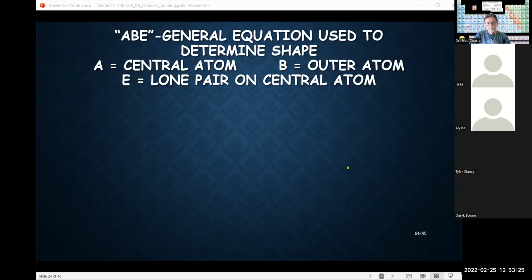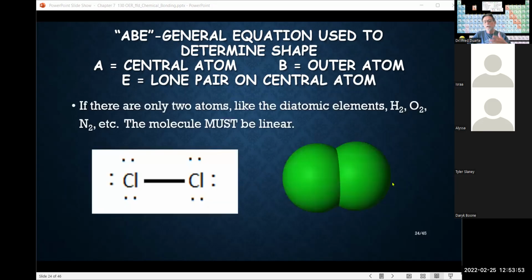B is the outer atoms, whatever's bonded to the central atom. It doesn't make a difference what type of atom it is; it could be the same or different. And E represents the lone pair on the central atom. I repeat, it represents the lone pair on the central atom. We don't care about lone pairs on the outer atoms, only on the central atom.